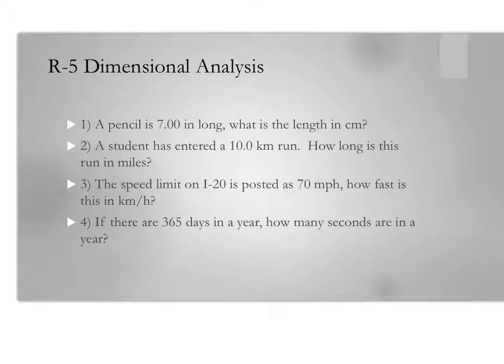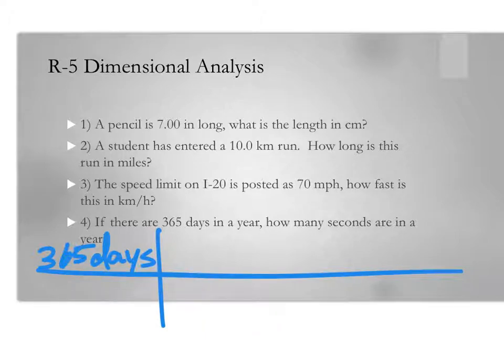Now, the final problem here says if there are 365 days in a year, how many seconds are in a year? So we all know these conversion factors, but 365 days, that's where we start. We're going to have to convert days to hours, and there's 24 hours in a day. Days cancel out.